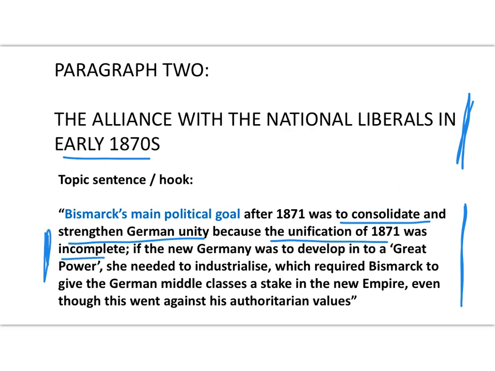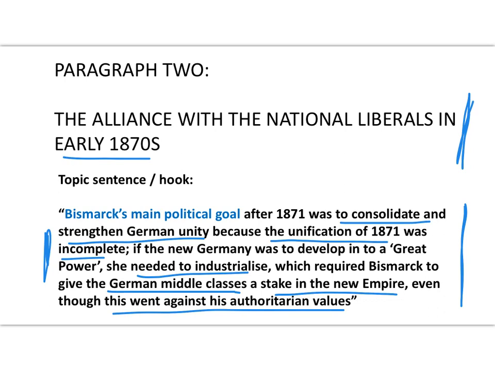There's our link, because the previous paragraph was about the unification. If the new Germany was to develop into a great power, she needed to industrialise, which required Bismarck to give the German middle classes a stake in the new empire, even though this went against his authoritarian values.